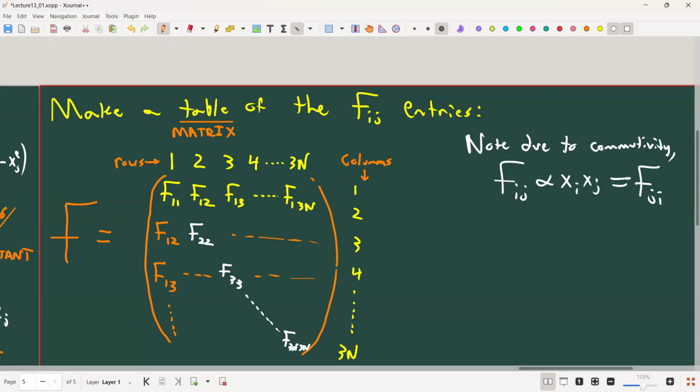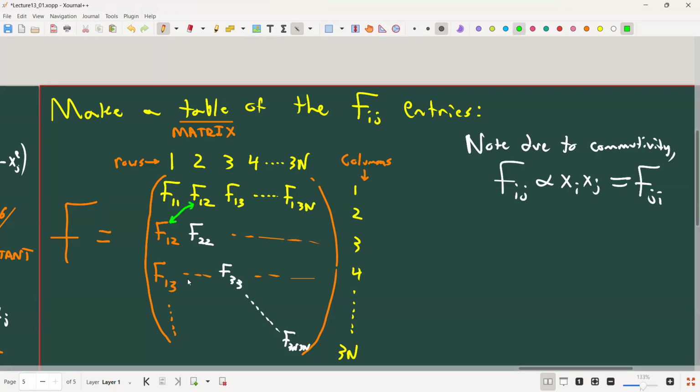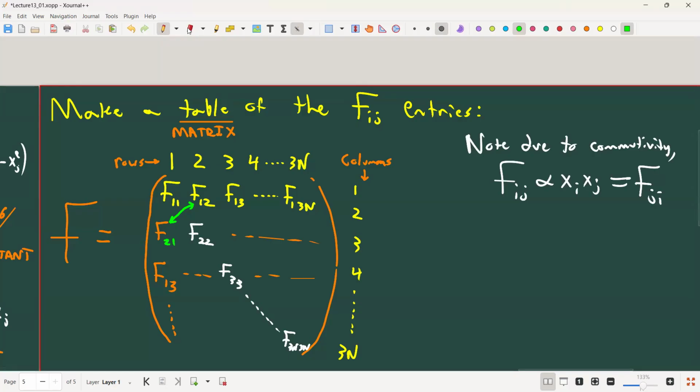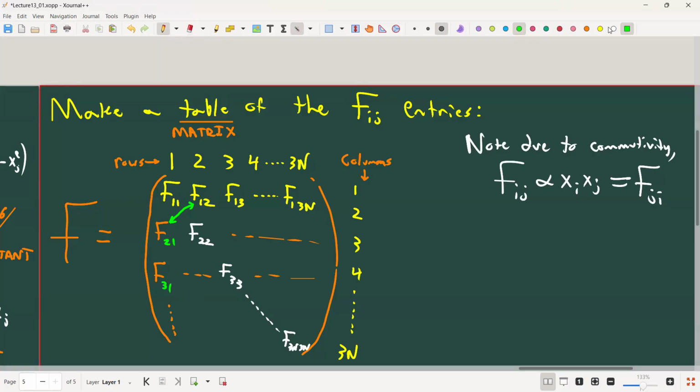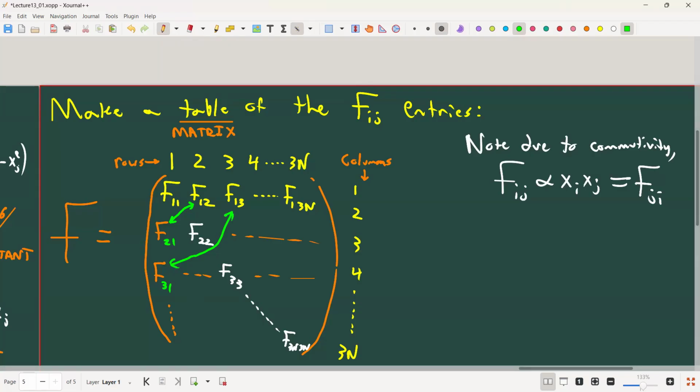I only have the diagonals and then everything up here, because everything down here is copied. You can identify that these two are the same. I'm sorry, I screwed this up. This is 2-1, and this is 3-1. Apologies. These are connected; you can see that they're just mirrored to each other because of algebra.